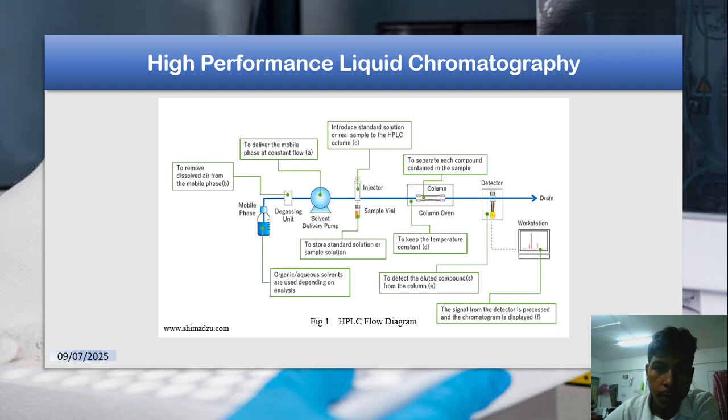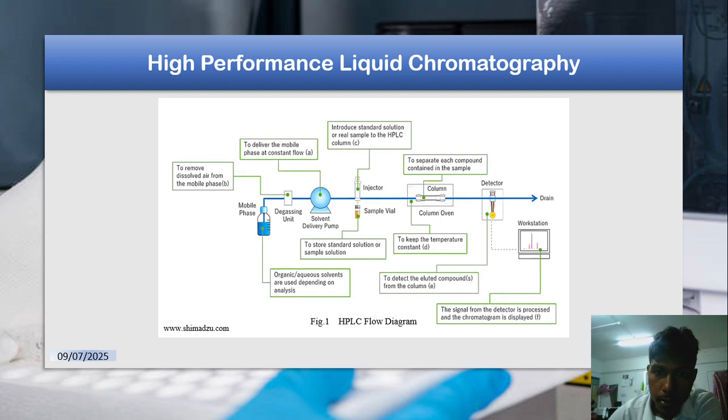This process begins with the injection of a small amount of liquid sample to the column as the stationary phase. A high pressure pump then moves the liquid phase, I mean sample, to the column, and due to varying interaction and chemical structure, samples are separated.